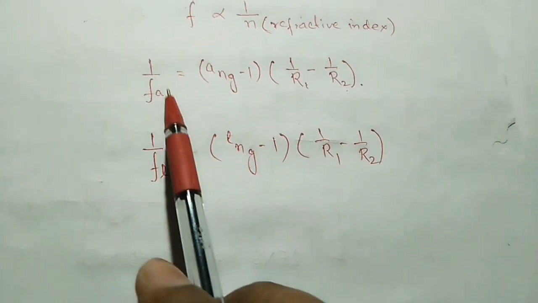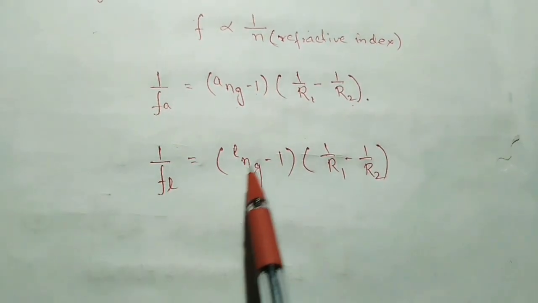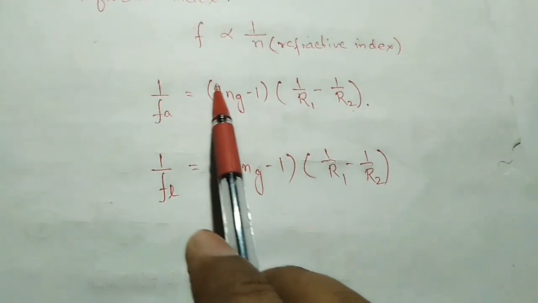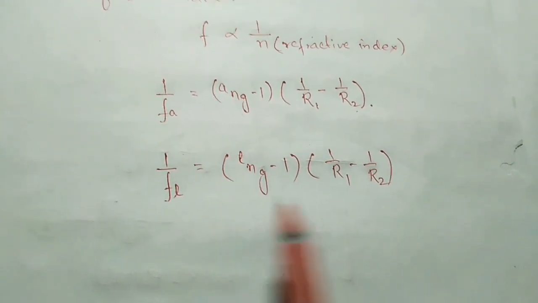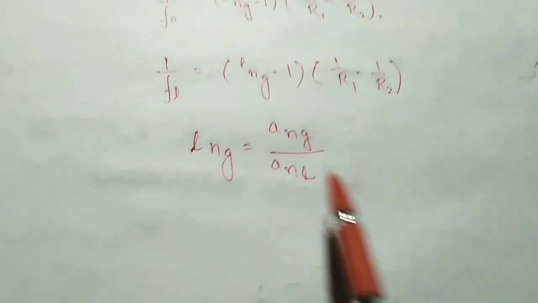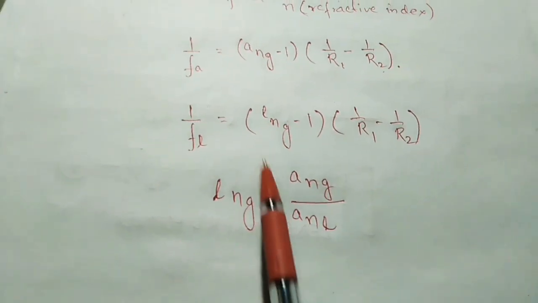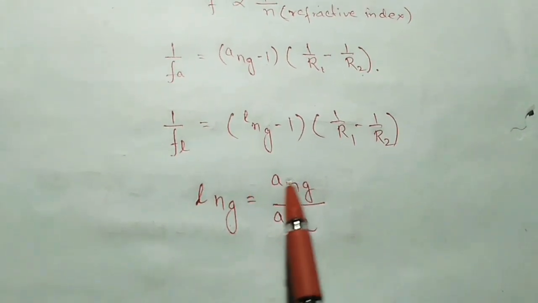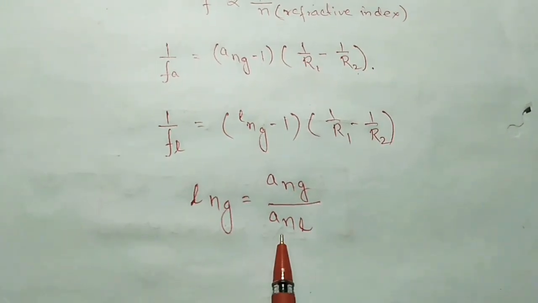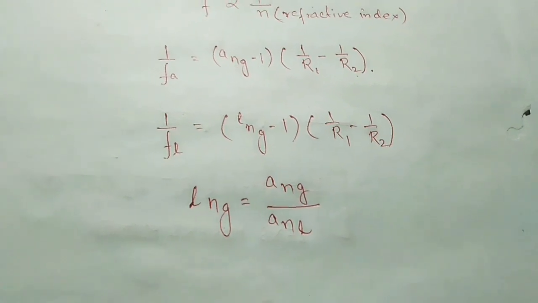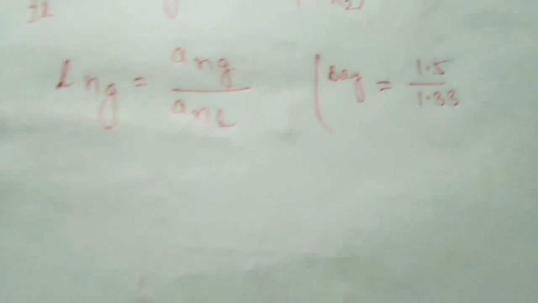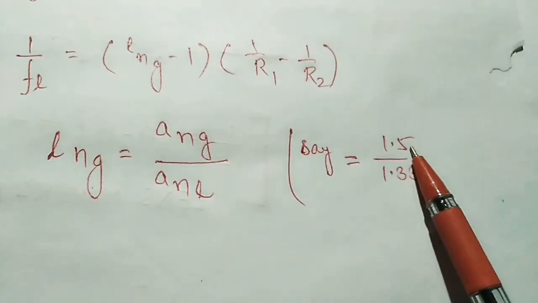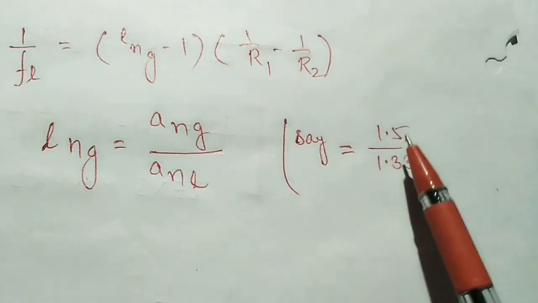So we have to compare these focal lengths. For that we must know this value, because this is not with respect to air. This one is with respect to air, but this one is not. So I am writing that first. To find the approximate value of Lng, for example, let Ang be 1.5 and the refractive index of water be 1.33. I am just taking an example, not saying exactly that Ang is only this.